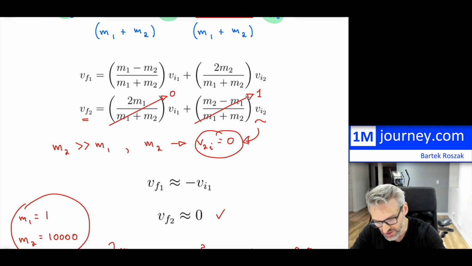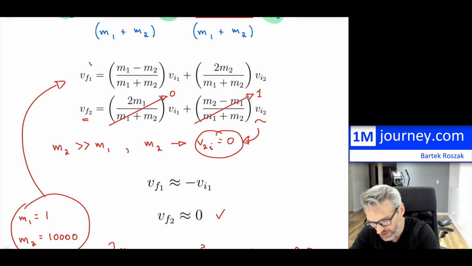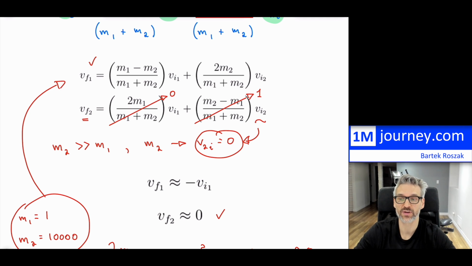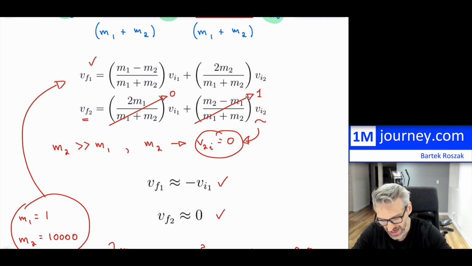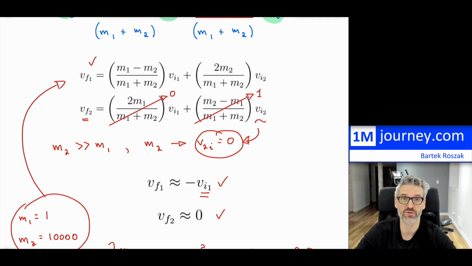And on the other side, if you plug this right back into here, and I encourage you to convince yourself, that smaller object is basically going to be bouncing back with the same speed that it was thrown at it. Again, these are elastic collisions, so we don't have any dampening or anything.